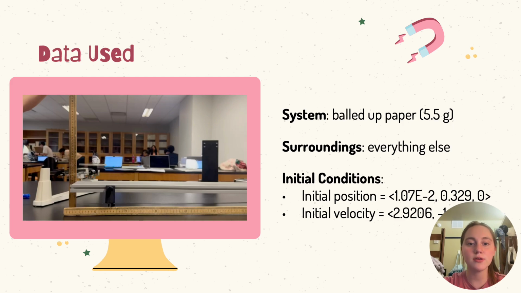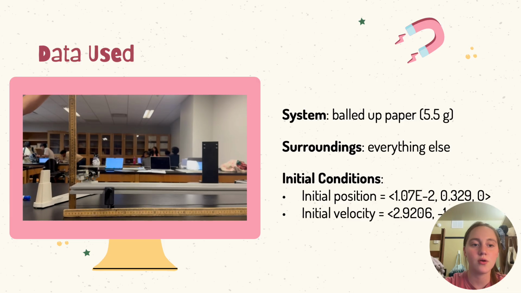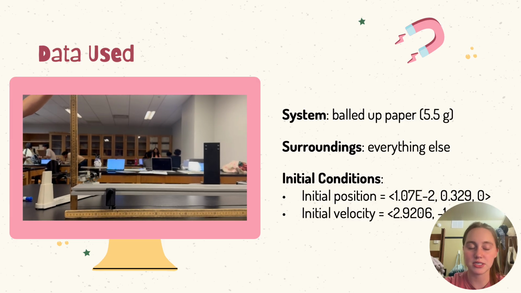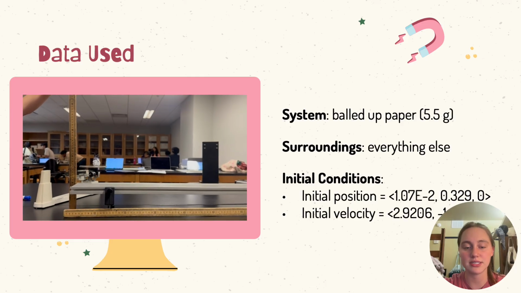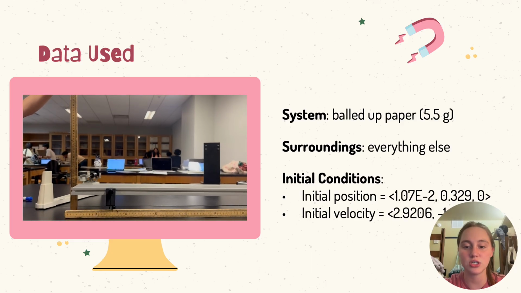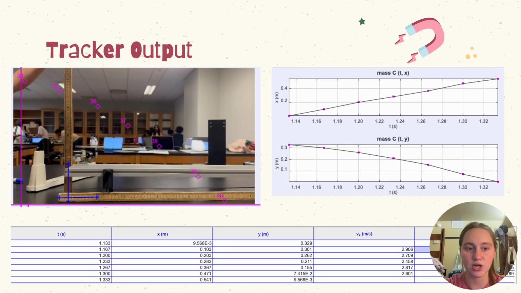And then the data that was used: here is the video that we recorded and plugged into Tracker. The system was defined as that balled up piece of paper. The surroundings were everything else, and the initial conditions are listed there, and those initial conditions were obtained from Tracker.